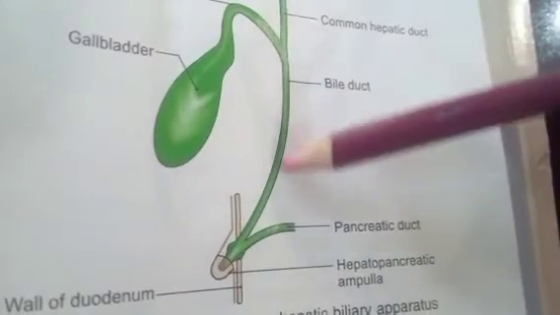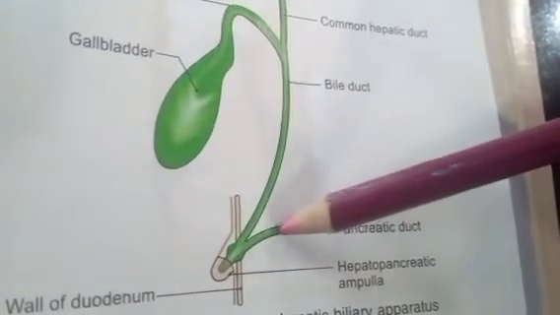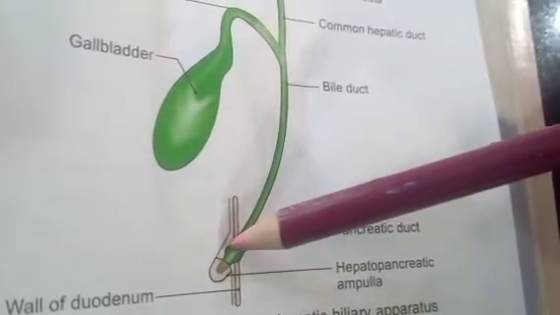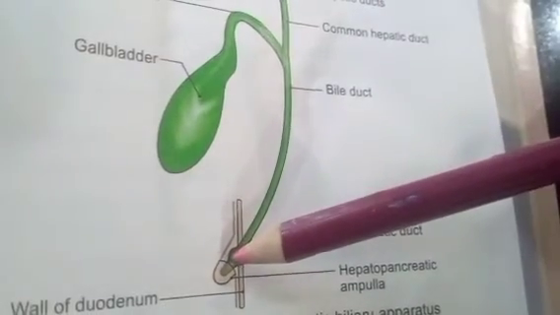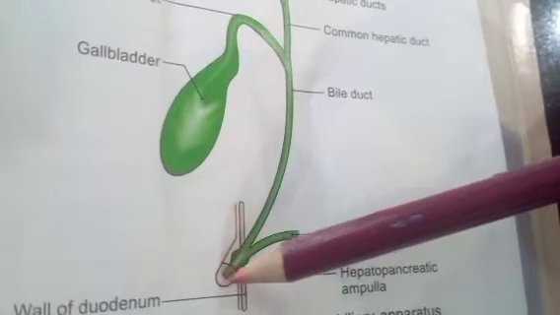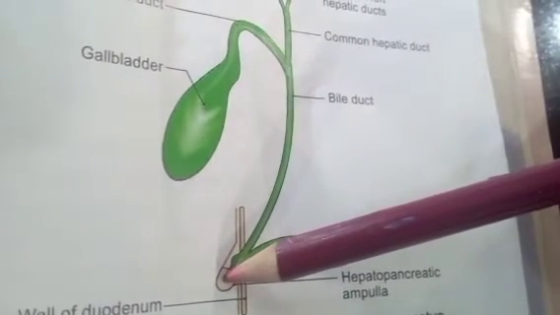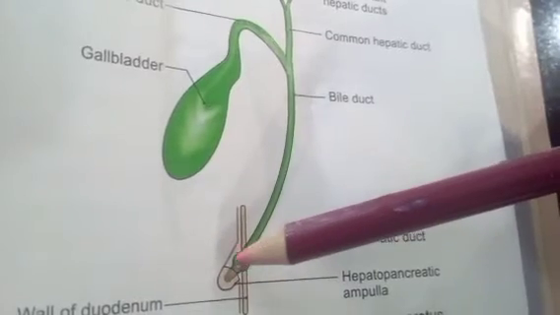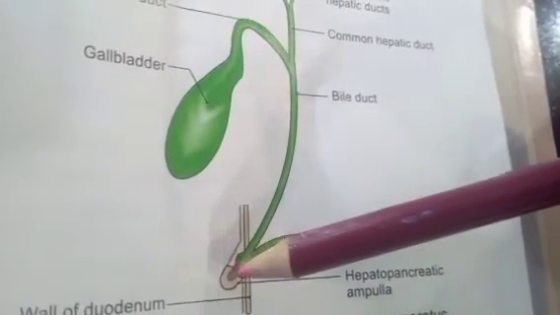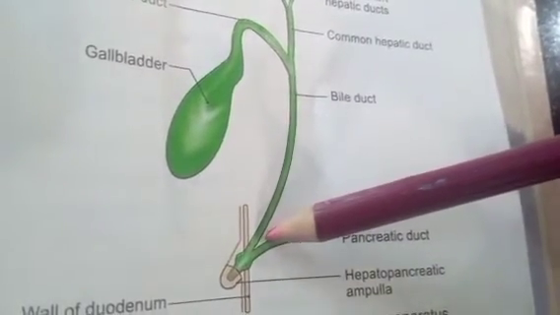Usually, bile duct unites with the pancreatic duct and forms the ampulla of Vater, which runs through the wall of duodenum and terminates near the summit of major duodenal papilla. But as a variation, this ampulla may be formed outside the wall of duodenum.